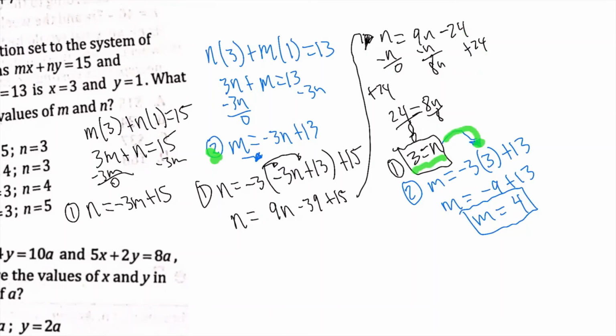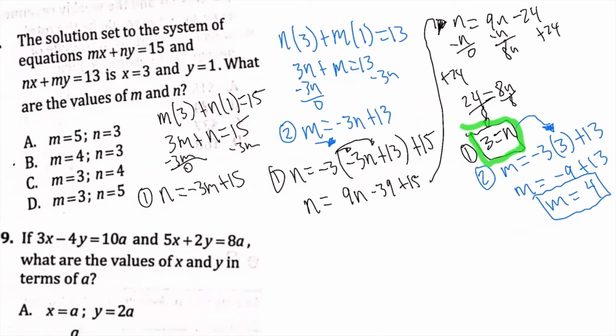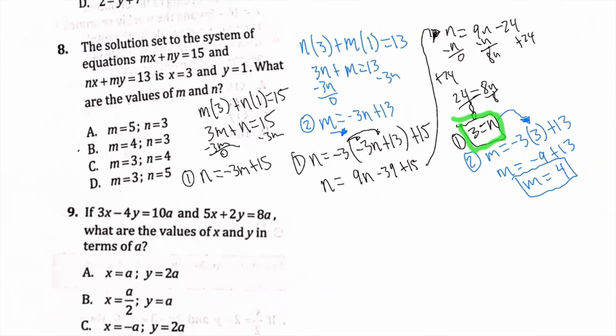Plugged it into our second equation. Negative 3 times 3 is negative 9 plus 13, m equals 4, and n equals 3. So here, final answer, right, is B, m equals 4, n equals 3. That is how you do that one.